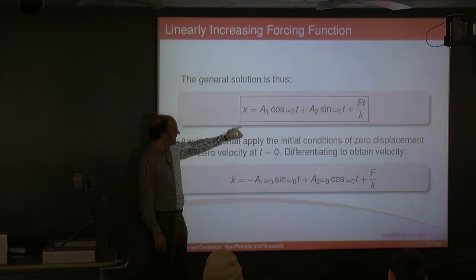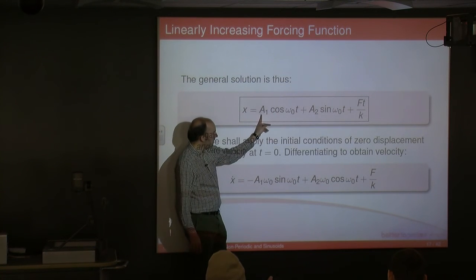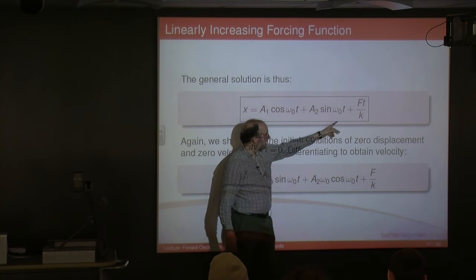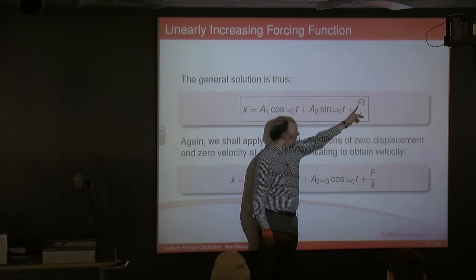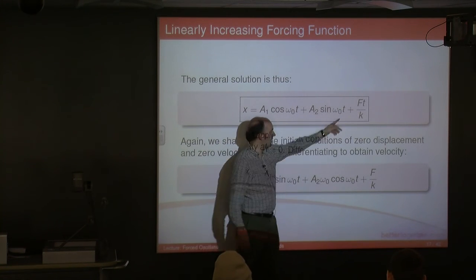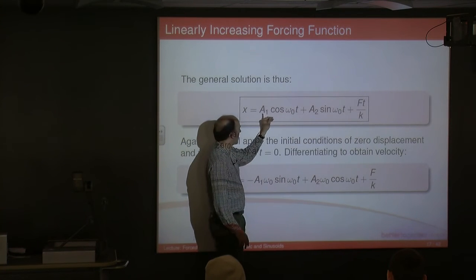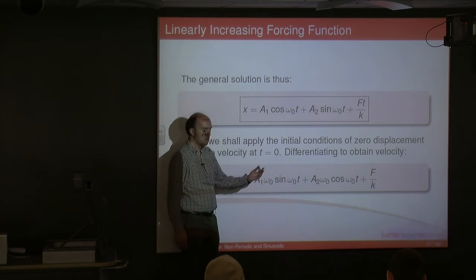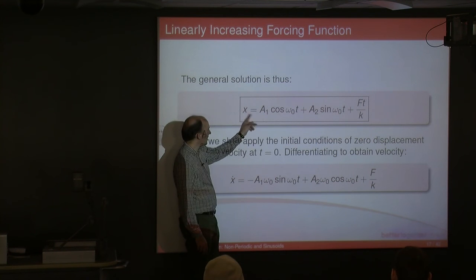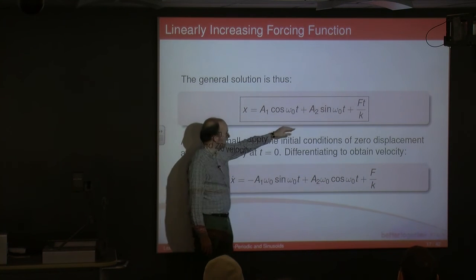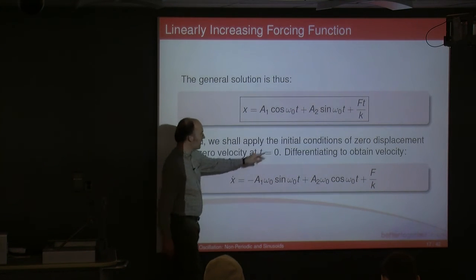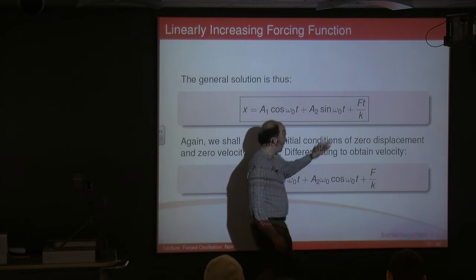If we set t to be 0 in this case, we end up with A1, 0, and 0. Obviously, if t is 0, then that term is 0. So we end up with A1 must be 0, because these 2 terms here are both 0.